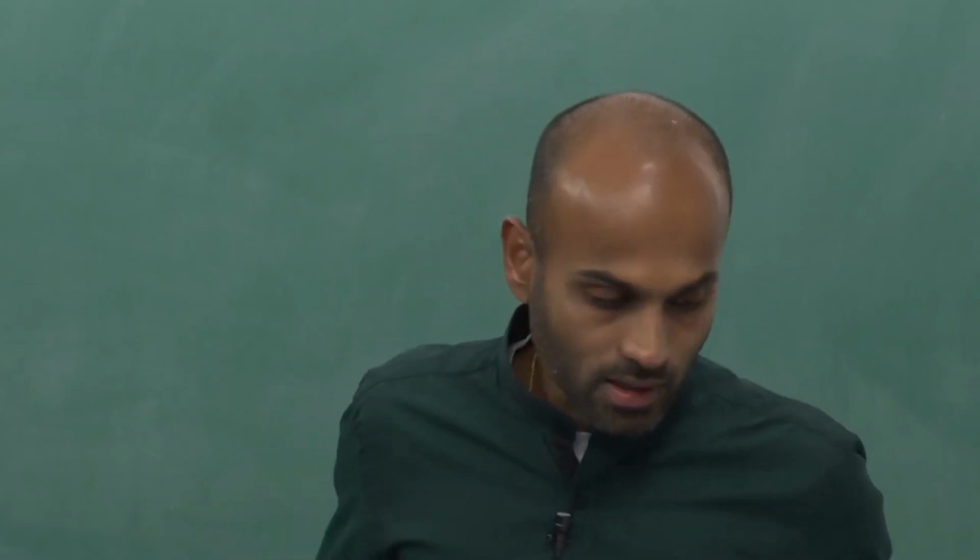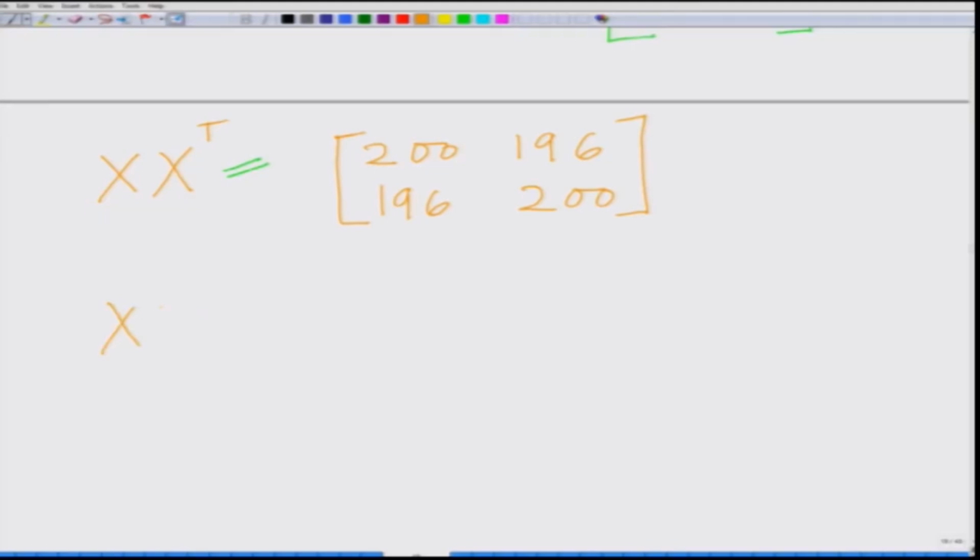Okay. So, x x transpose inverse is the inverse of this 2 cross 2 matrix x x transpose. The inverse of this is a 2 cross 2 matrix.